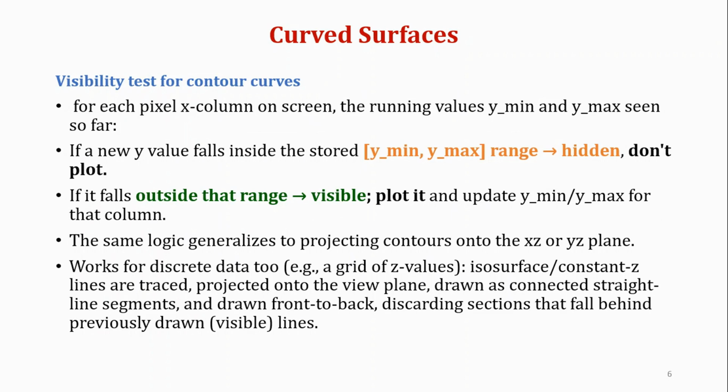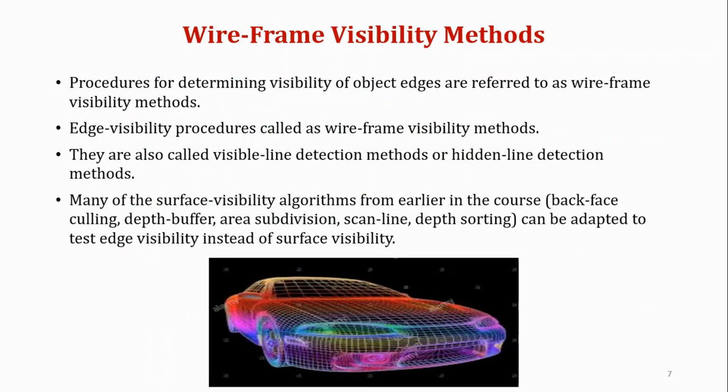Okay. So next is the wireframe method, the wireframe visibility method. Here the wireframe model represents an object using only the edges of the object. Instead of displaying the surface, only lines and boundaries of the objects are shown as a wireframe.